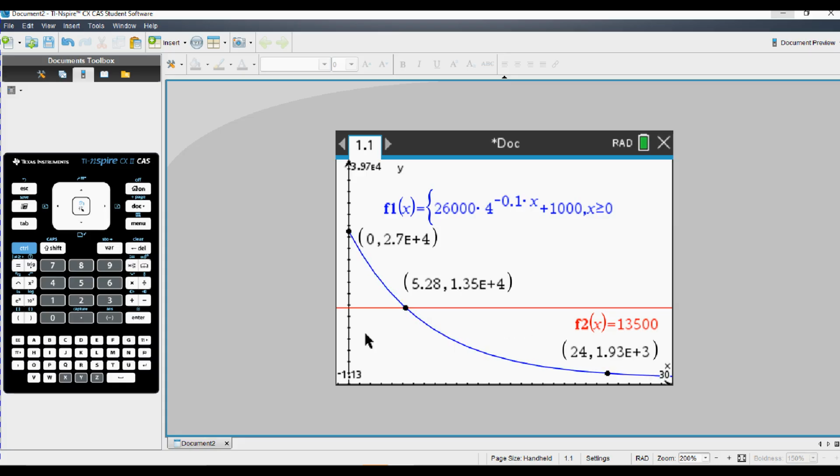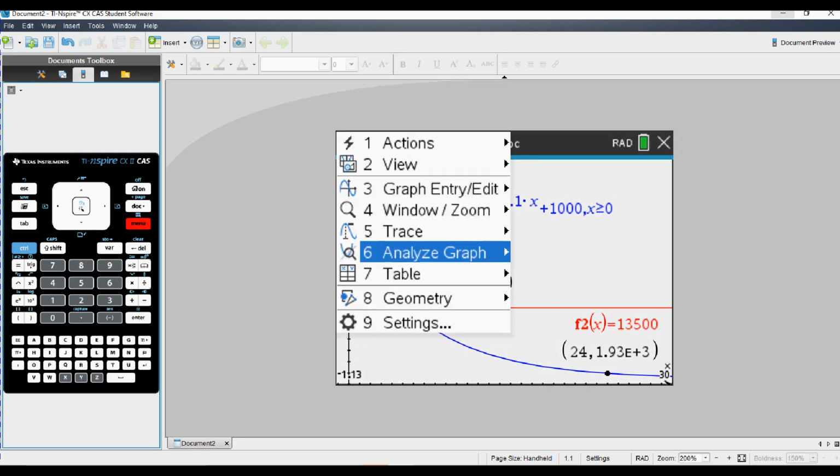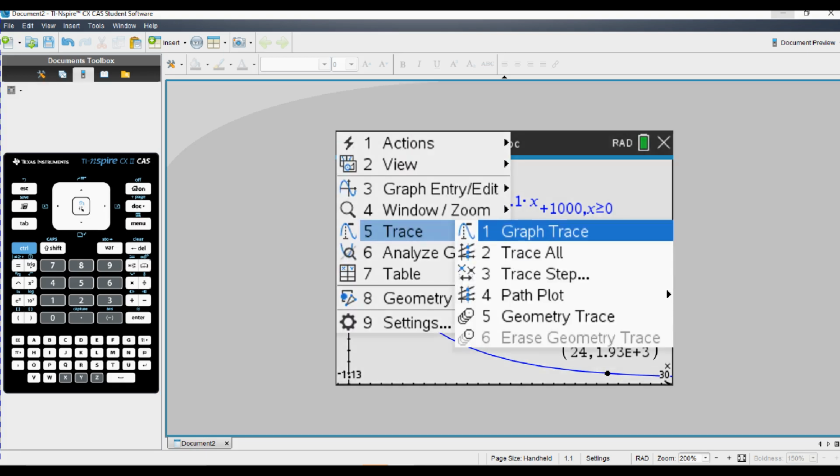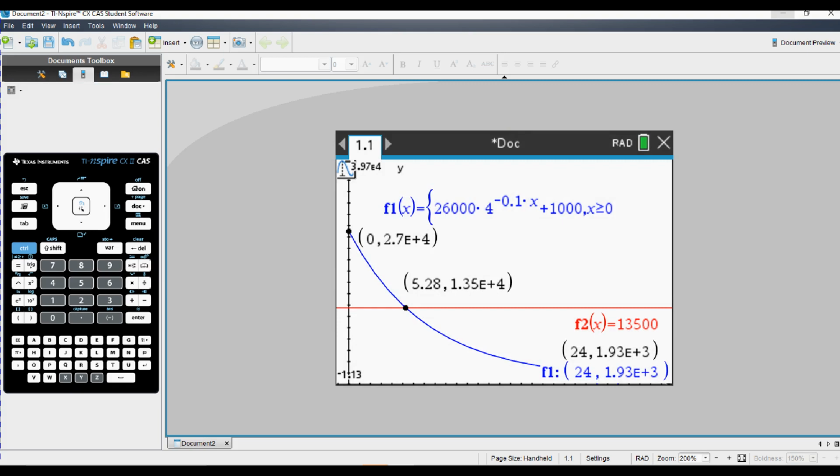How can we do that? Again, we're going to use the trace. I need to move back to 12. Okay, so enter, escape.